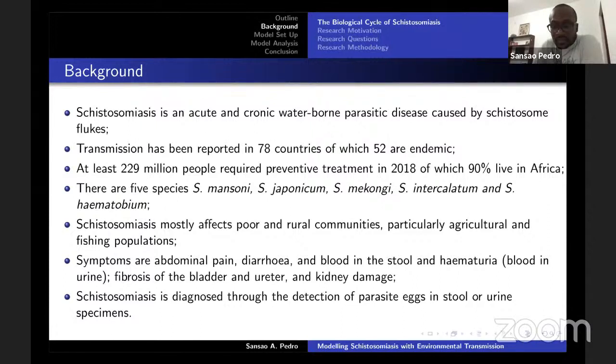Then we have hematuria, blood in urine, fibrosis of the bladder, and uremia, kidney damage. This is for the species that at their adult stage end up at the bladder or urinary system. Schistosomiasis can be diagnosed through detection of parasite eggs in stool or urine.